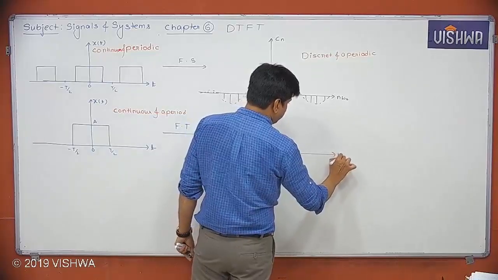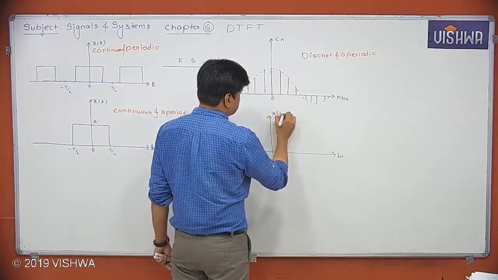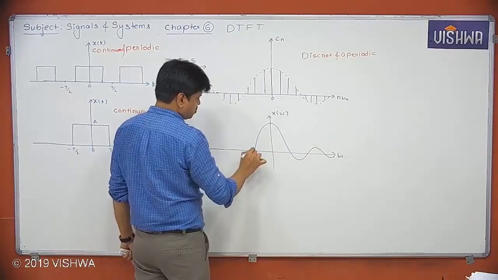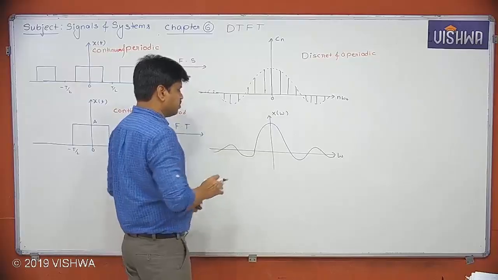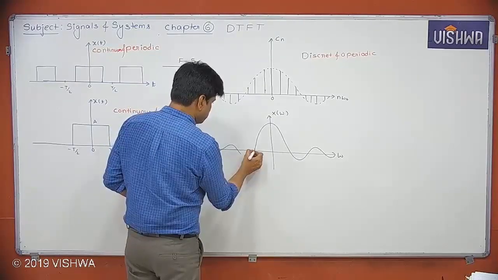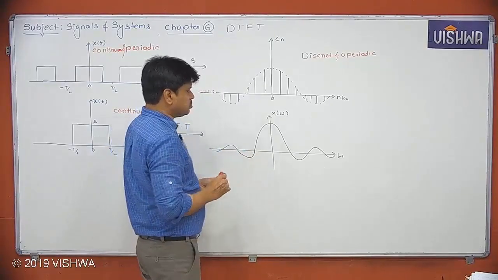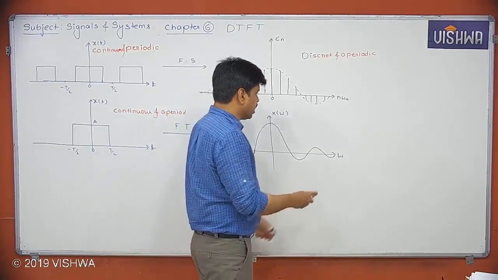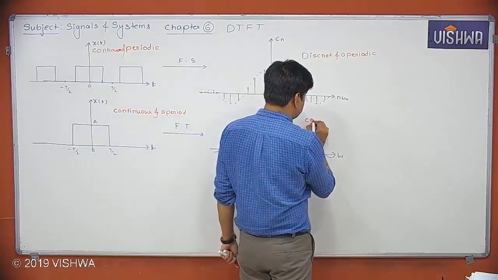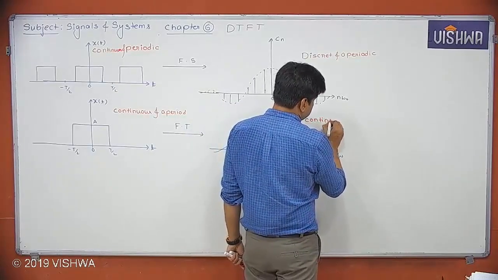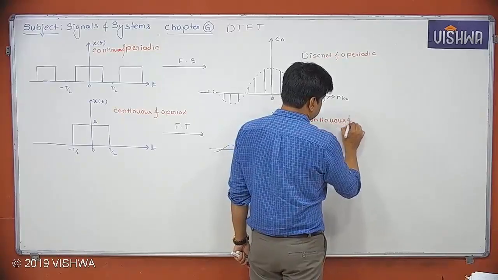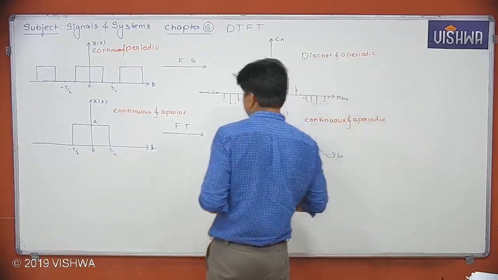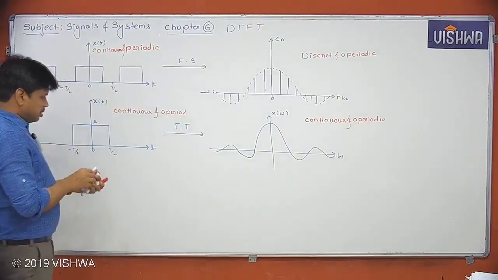We are going to get a sampling function, X of omega. The nature of this spectrum is continuous and aperiodic.